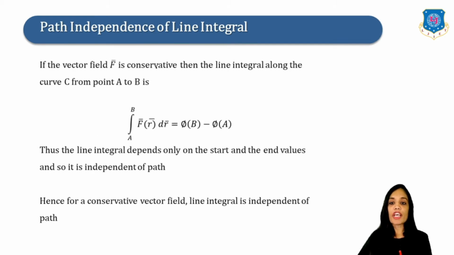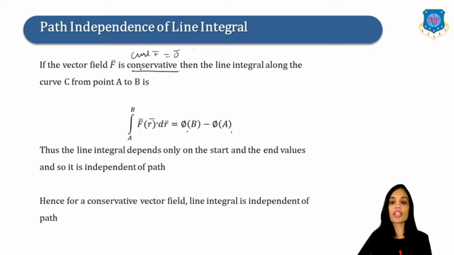Okay, so now let us study one more topic, that is path independence of line integral. If the vector field f bar is conservative, when can we call the vector field conservative? Whenever curl of f bar is 0 bar, right? Then the line integral over the curve C from point A to point B, the integral from A to B of f bar dot dr bar, is equal to phi b minus phi a.